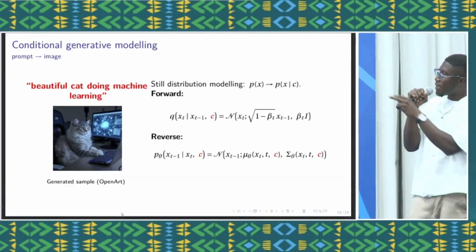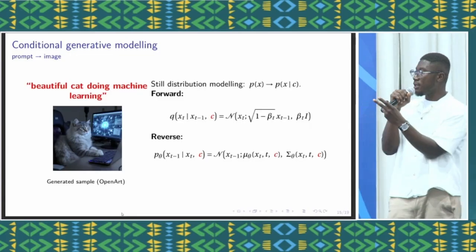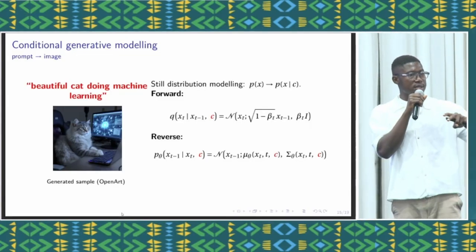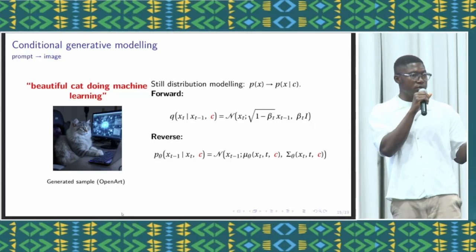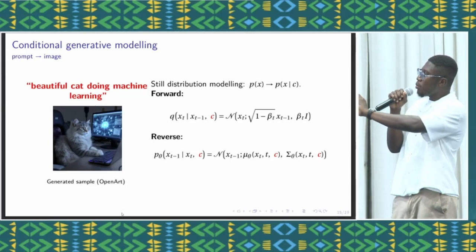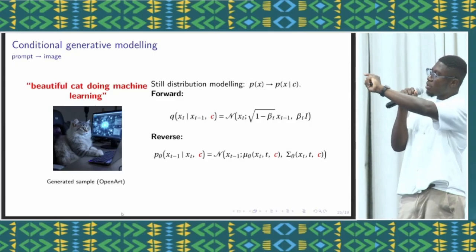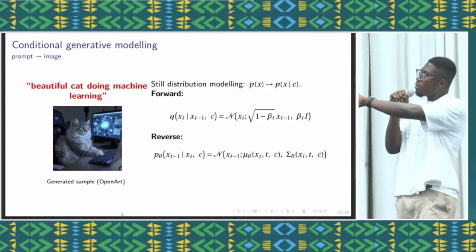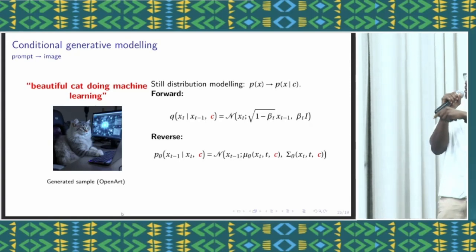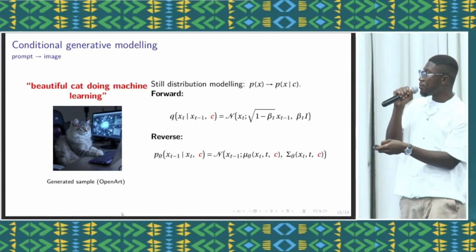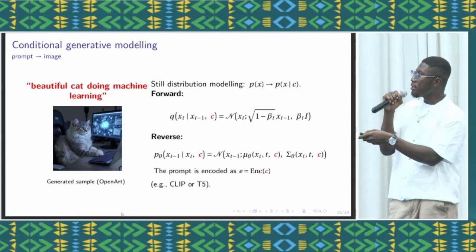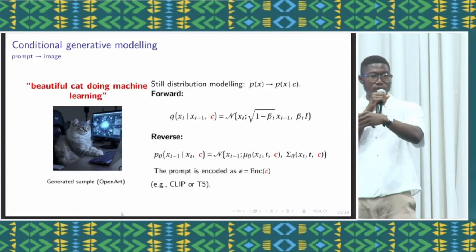If we take the diffusion model, it is still the same thing in the forward pass. We take the image, we add noise, and we try to remove the noise. But this time, to remove the noise, we give the prompt, the phrase, to the neural network that is trained to remove the noise. But the problem is that we cannot directly use the text in the model.